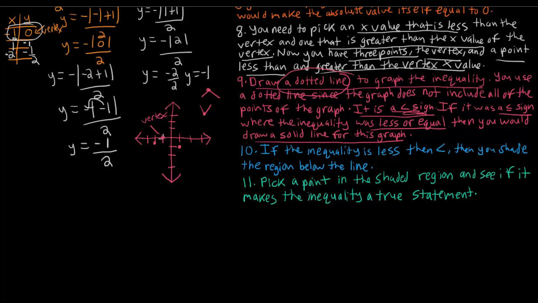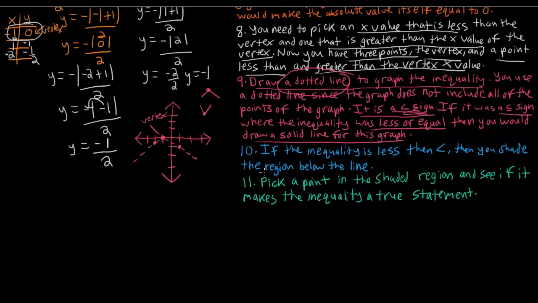So we need to draw a dotted line for this equation. If it was less than or equal to, this would just be a solid line, but it's not.